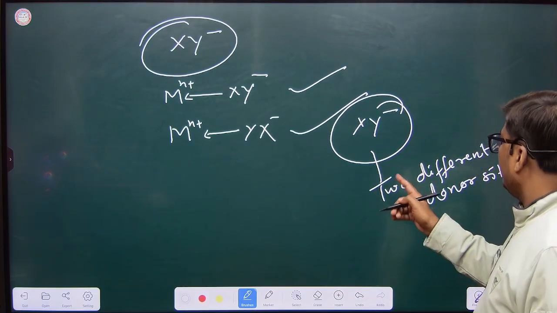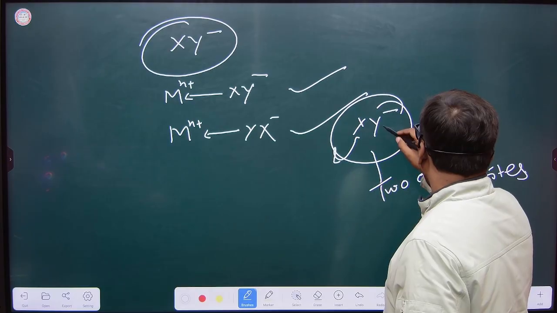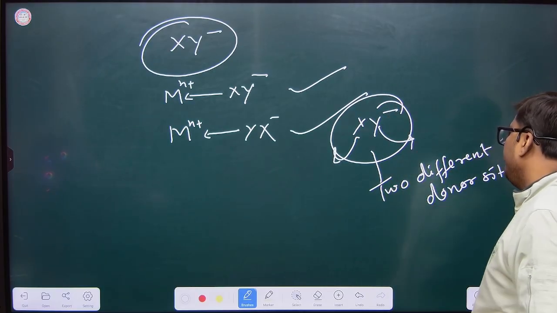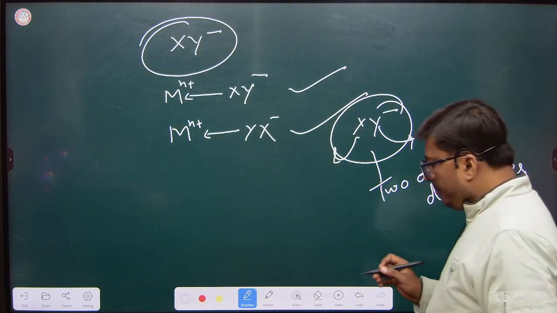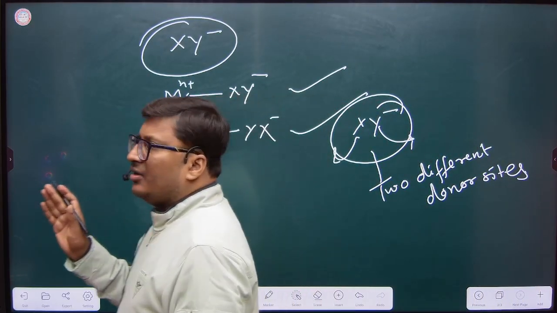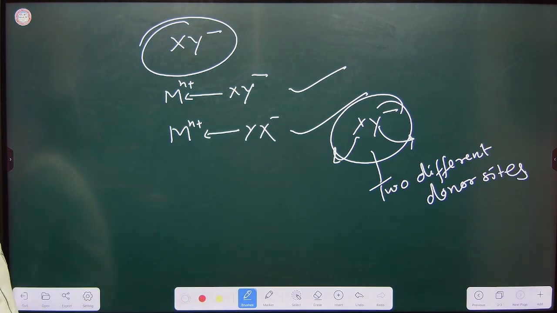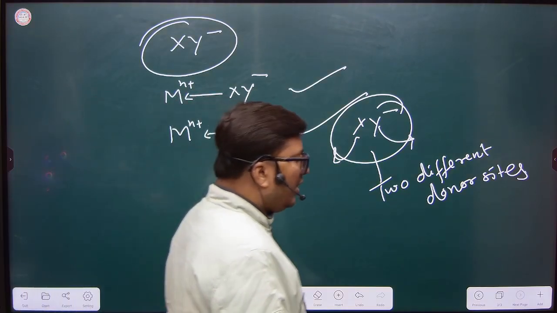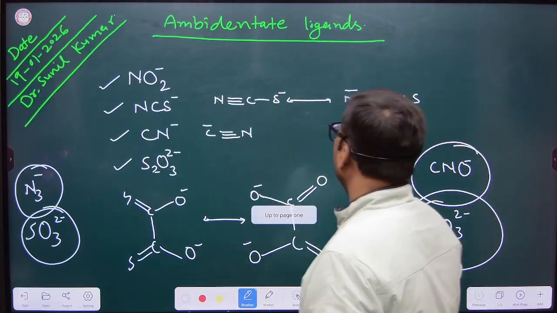Either this end will capture the metal or this end will capture the metal, and accordingly we can create the coordination compound. Better is that we take various examples of ambidentate ligands that show diverse chemistry in coordination chemistry. We'll try to elaborate. So we have some examples.